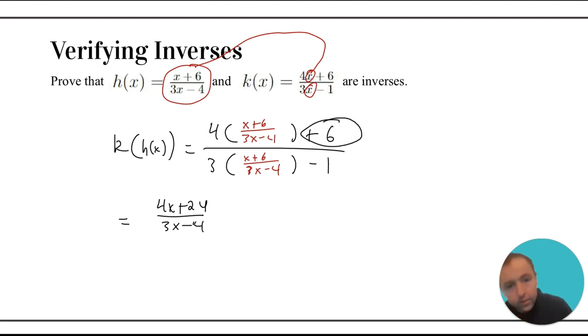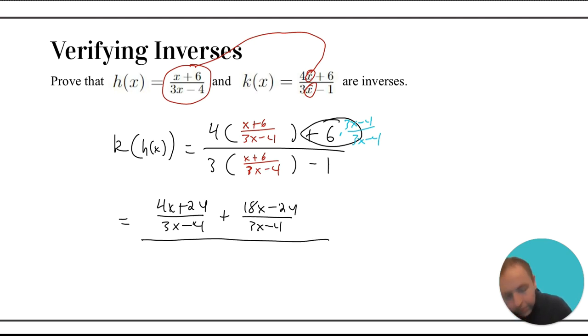But then with this 6, you would probably want to multiply it by that same 3x minus 4. So you get a common denominator, and then have 18x minus 24 over 3x minus 4. And then you'd be able to add those fractions together, and then just get 4x plus 18x, so 22x, plus 24 minus 24 cancels, and then just over 3x minus 4 there.